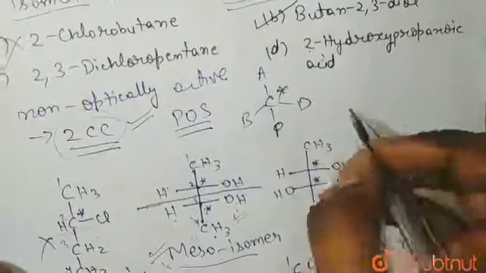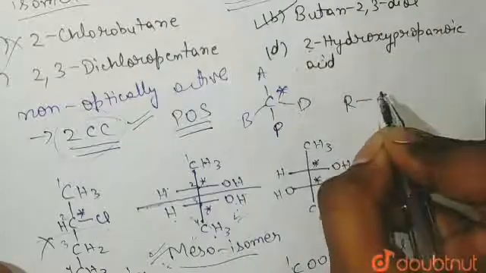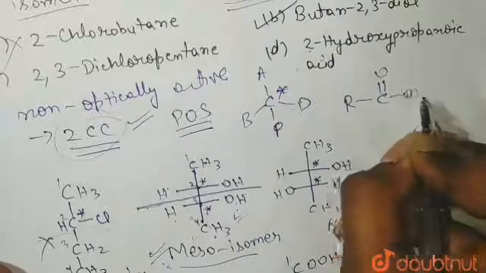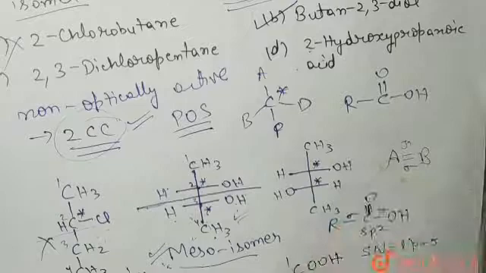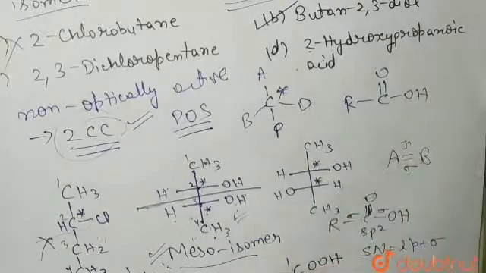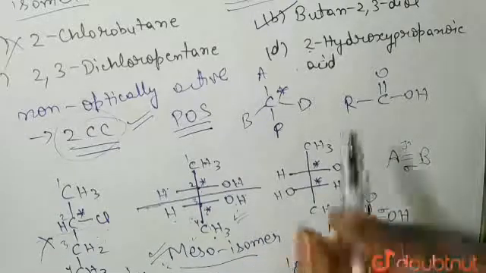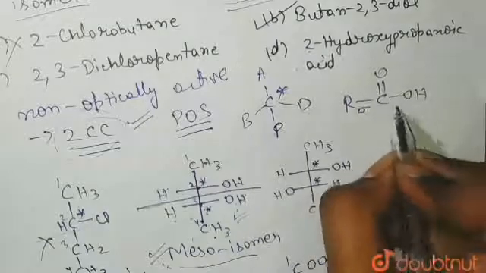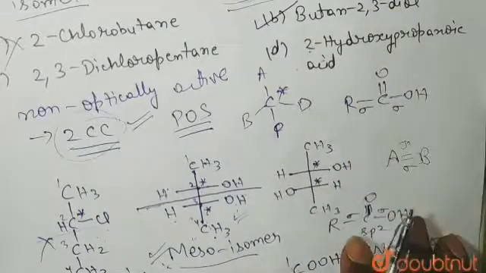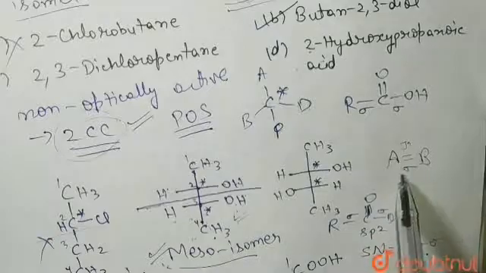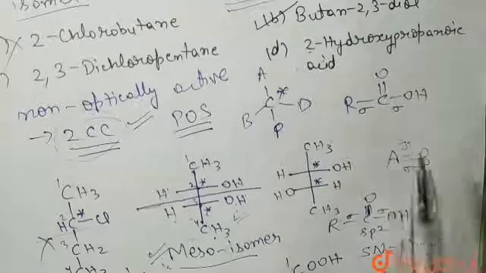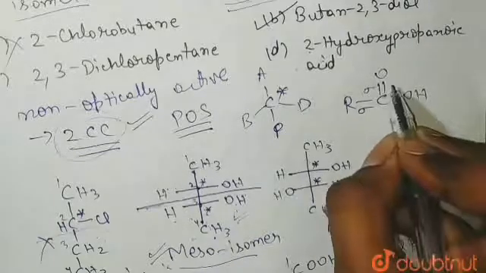It is like this: R, C double bond O, OH. Whenever we calculate steric number, it is nothing but lone pair plus sigma. So one sigma is here, and whenever doubly bonded atoms are there, one bond is always a sigma bond, another one is always a pi bond.